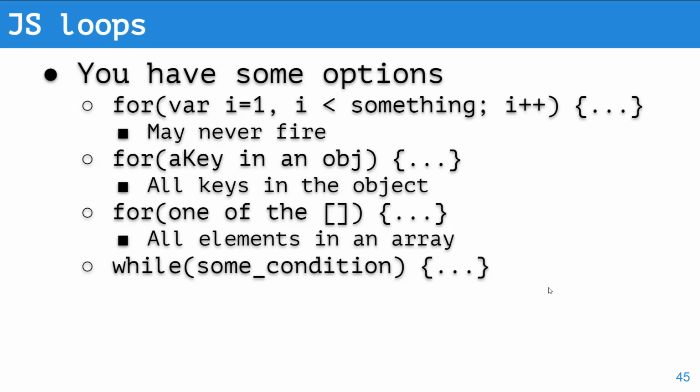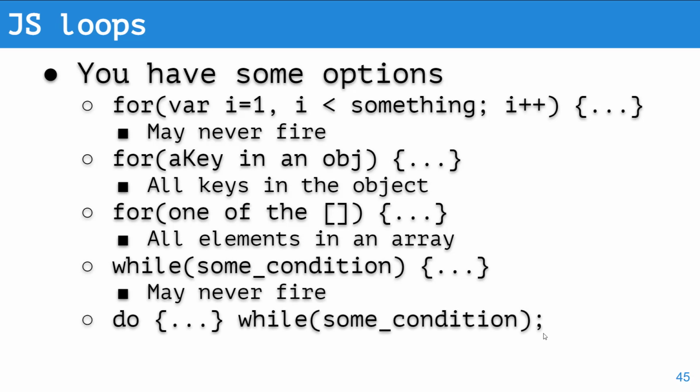There is a do while loop. This is called a post-test loop. You're going to run through the loop at least once, and then you test the condition. So you have to decide, are we always going to run through at least once, or is it possible that we may never run because the object may be empty or the array may be empty or something like that? It all depends on you.